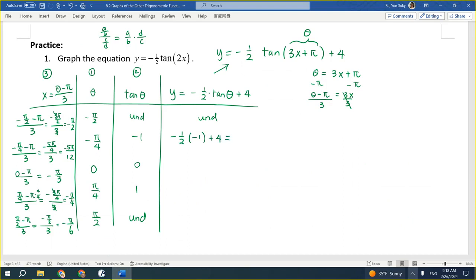What is that? This is like 4 plus 1/2, which is 4 plus 0.5. Yes, 4.5. And how about 0? Minus 1/2 times 0 plus 4 is 4. And how about 1?